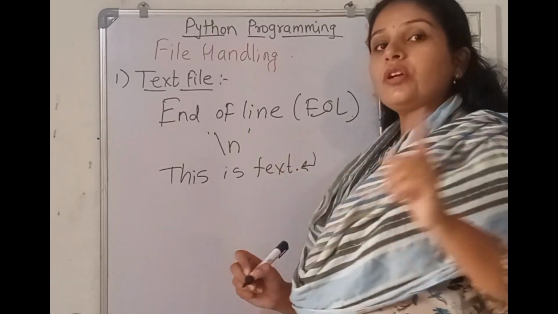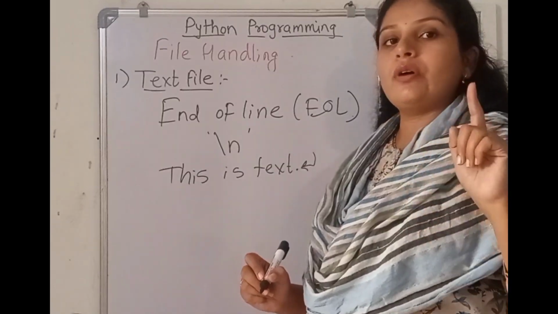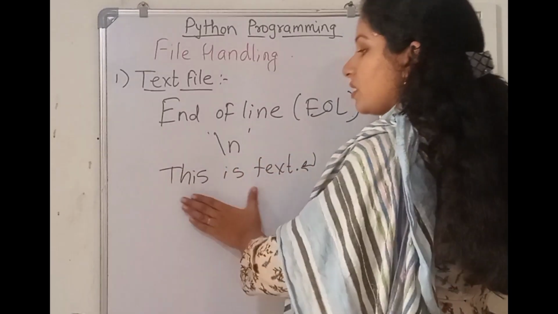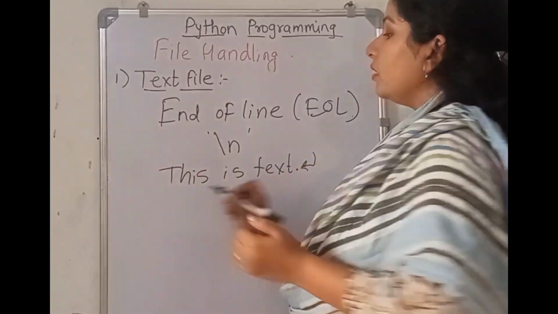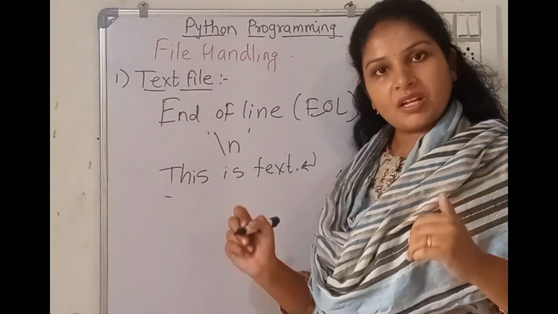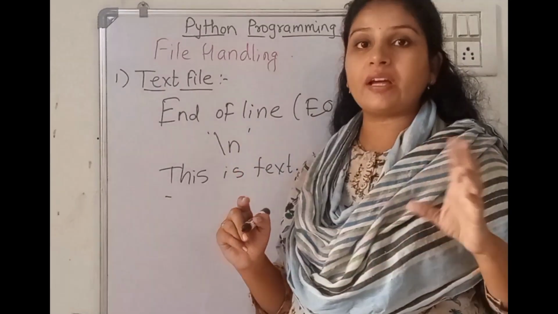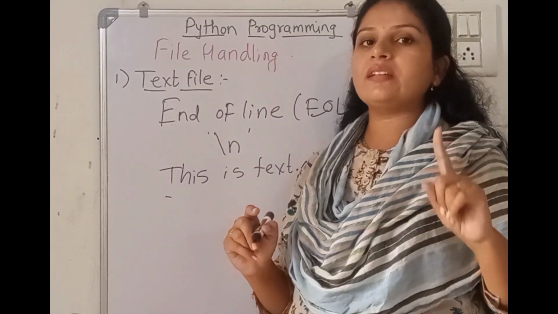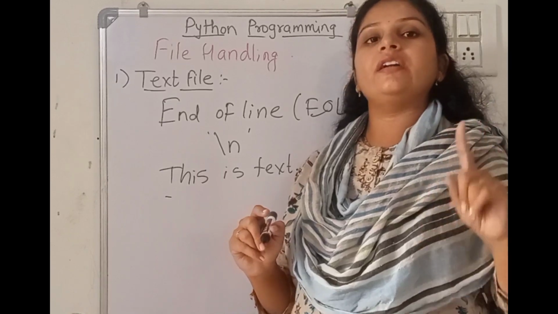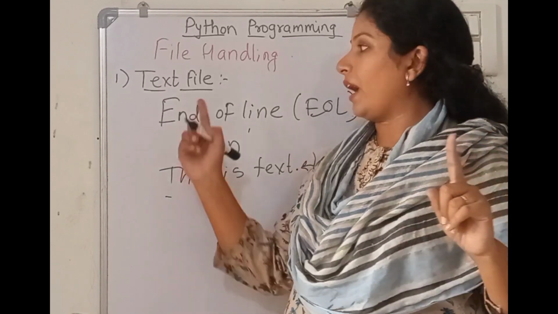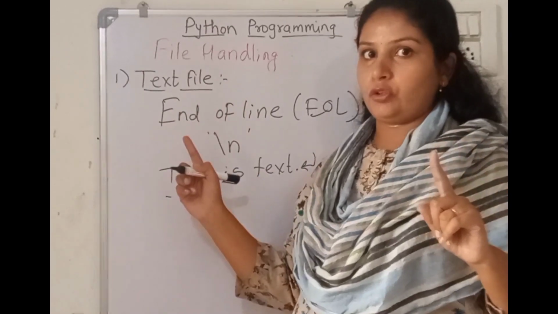This enter is your new line character. That means you are mentioning that you are ending the first line here, and then you are going with the second line from the second position. So this is your \n, which is the new line character, and this new line character is very important in terms of the text file or handling files in Python.